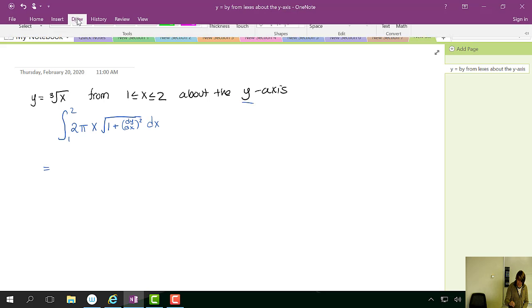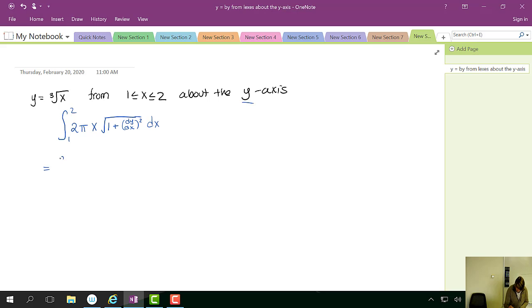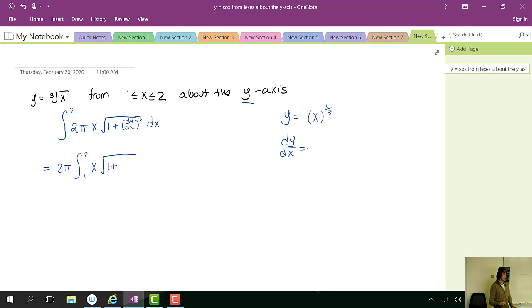Right. And if we solve it out, since we know that y is x to the 1/3, what is that derivative going to be? It'll be 1/3 x to the, excuse me, negative 2/3.